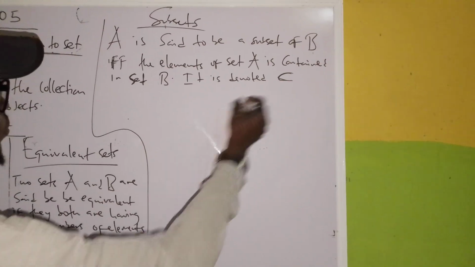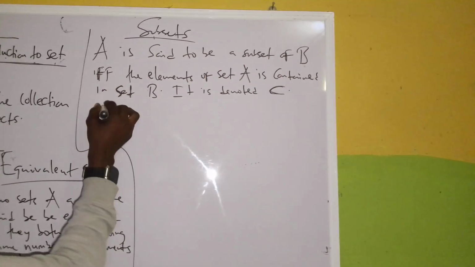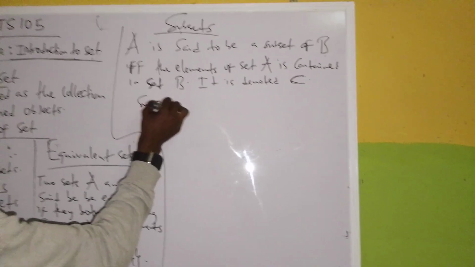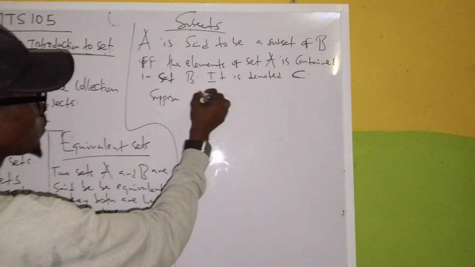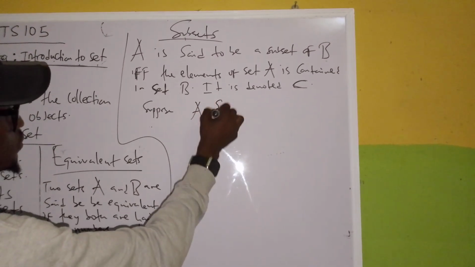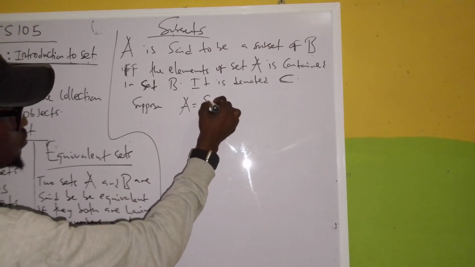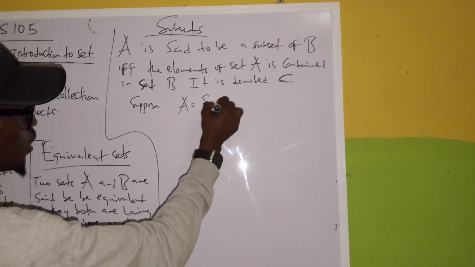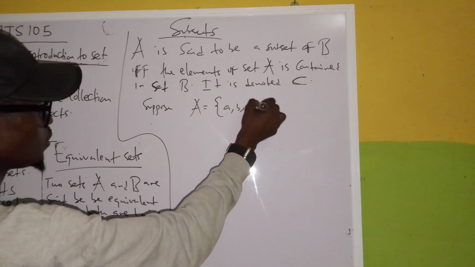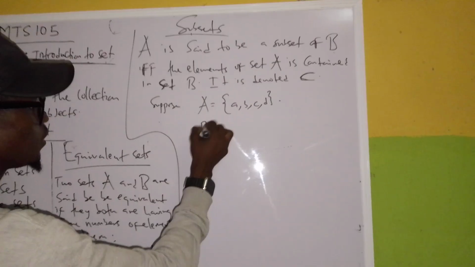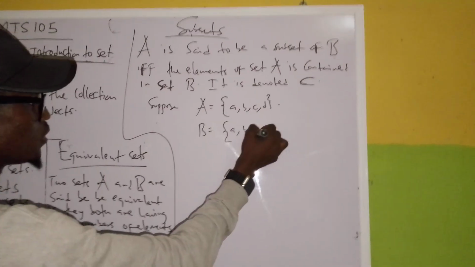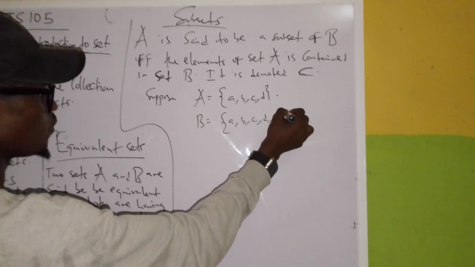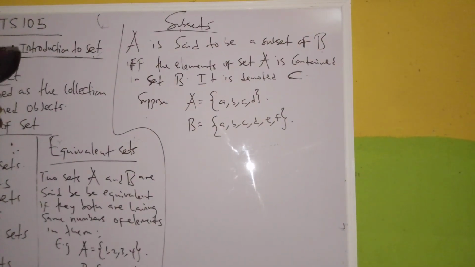Now suppose I want to give you an example. Suppose that A has A, B, C, D, and B has A, B, C, D, E, F. What can you notice?